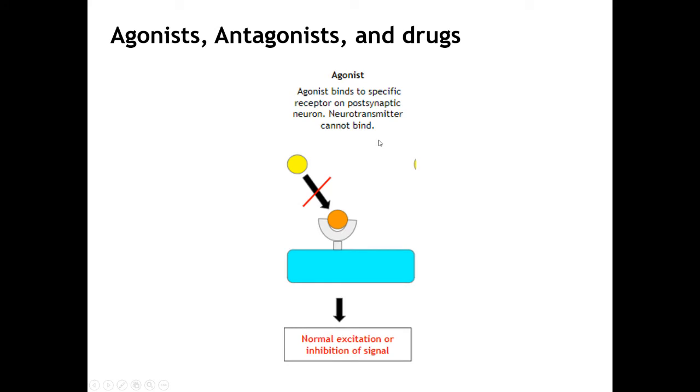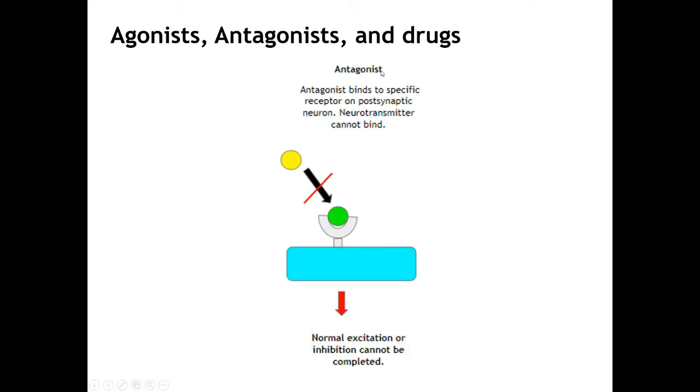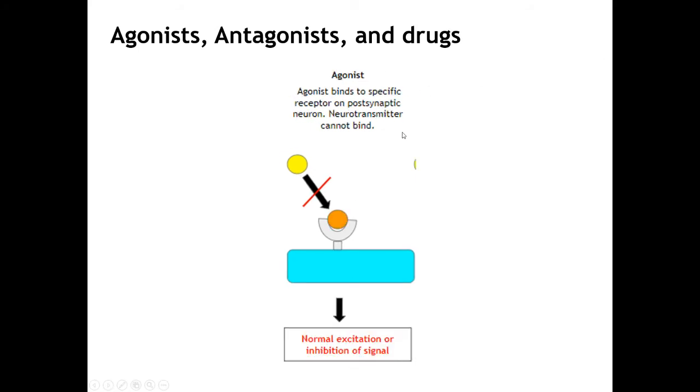We can have chemicals such as agonists, which bind to a specific receptor on the postsynaptic neuron, and that stops the neurotransmitter being able to bind. When we talk about competitive inhibition in a further part of the course, it's a similar mechanism to this, although that's potentially more similar to antagonism.